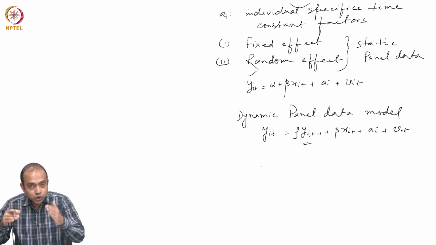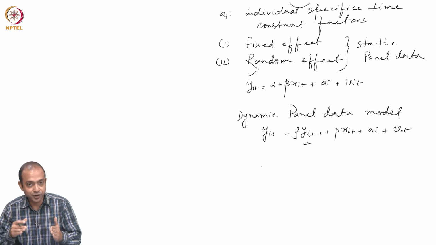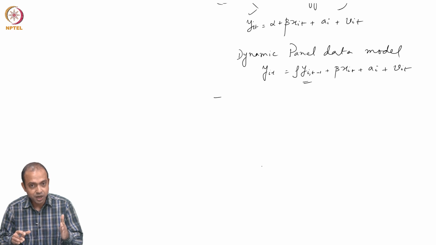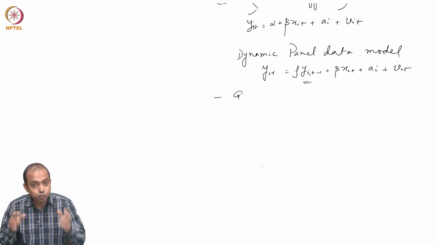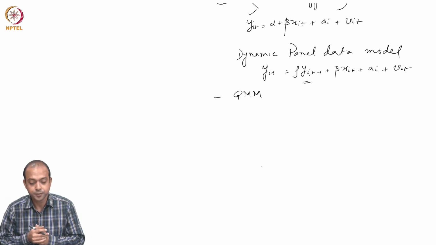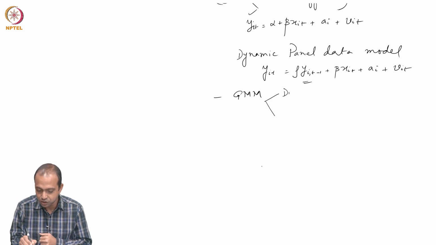And then once we estimate the system and difference GMM models, we will also take a data set and estimate them, and we will show what post estimation checkups we must carry out once we estimate a dynamic panel data model.